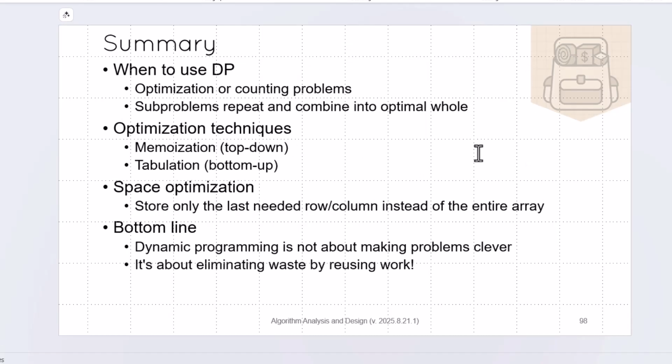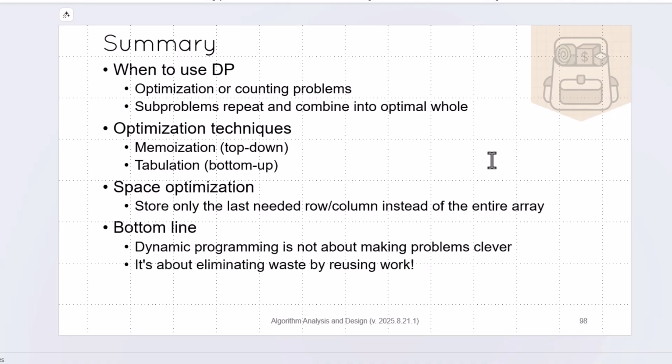When do we use it? Optimization or counting problems are common, where subproblems repeat and combine into an optimal whole. The optimization techniques that we talked about were memoization, which is top-down. That's good, and sometimes it's the best we can do, but often you're able to go back from bottom up after you've gone from brute force to memoization.